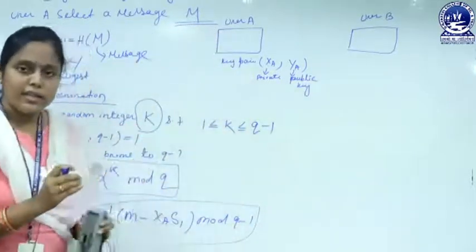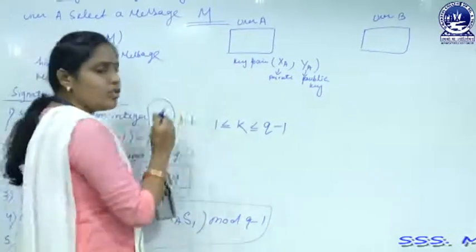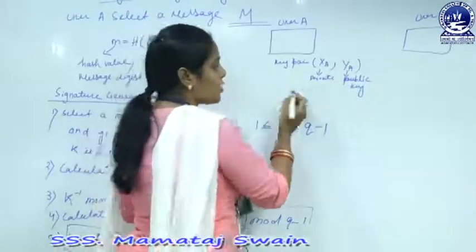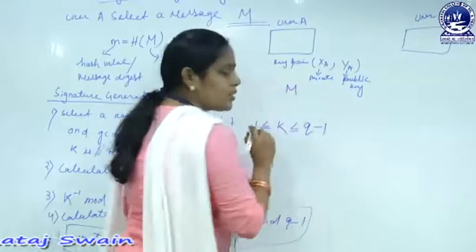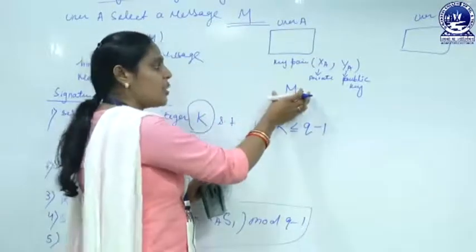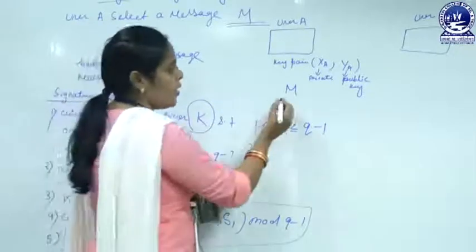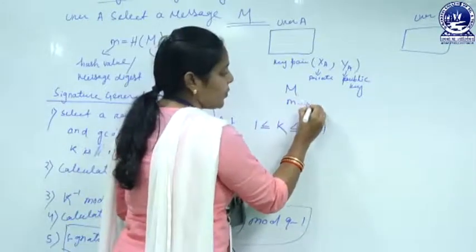After generating this key pair, the user A selects a message M to transmit to the user B. Then the user A calculates its hash value, that is small m.